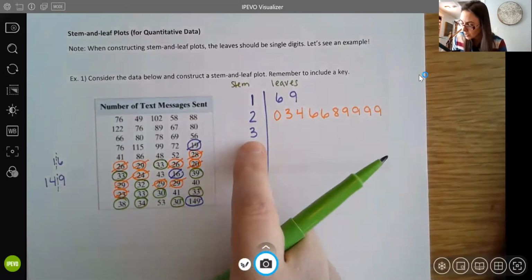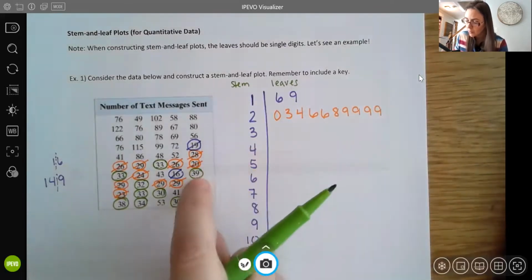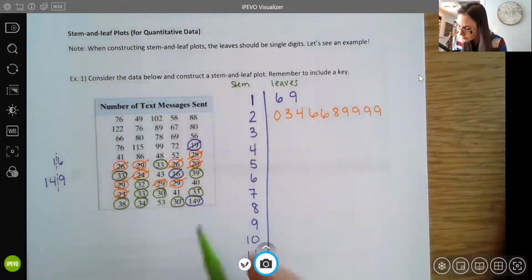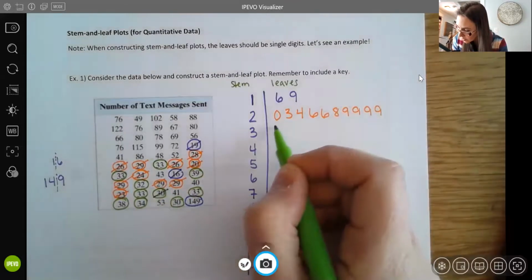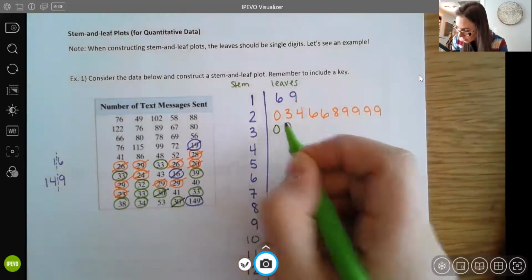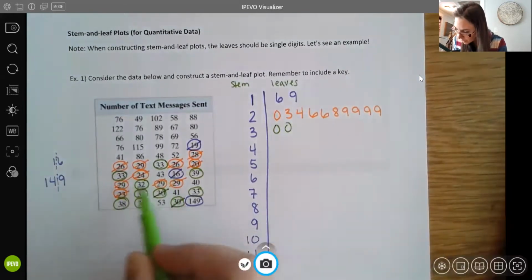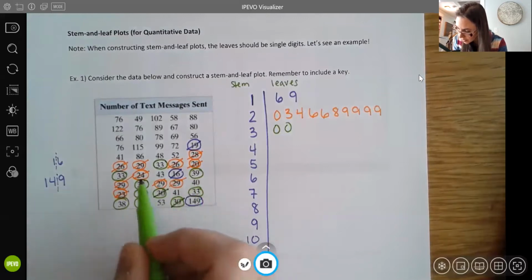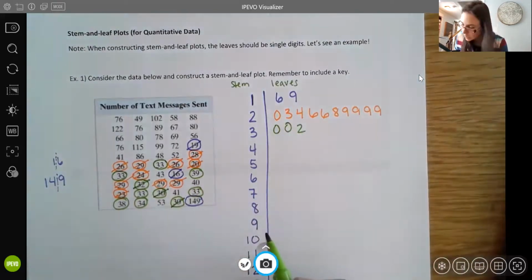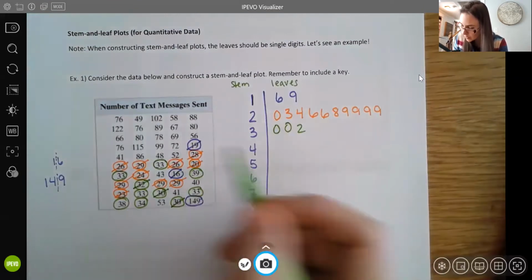So now I'm doing my 30s. So that 3 is already counted for as a digit. I'm just using the ones place now on the other side. So I see a 30 as my smallest, so I put a 0 there. I have another 30, so I'm going to do another 0. And then my next smallest number looks like it's 32, so I'll do a 2. And then I don't have any more 32, so now I do 33.